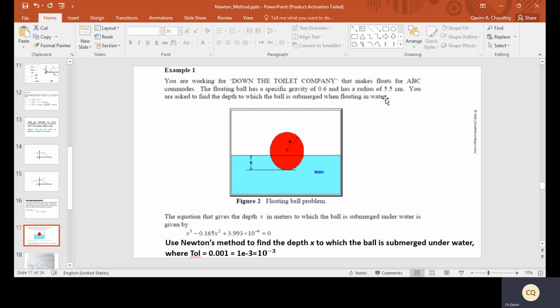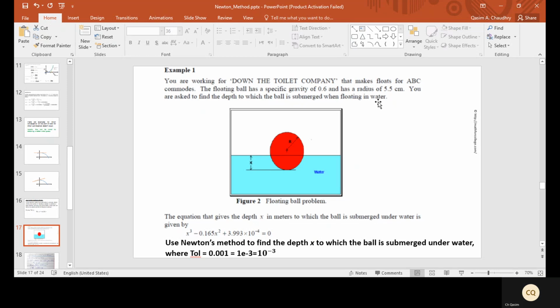That makes floats for ABC commodes. So there is a company and they are working, basically the name of the company is Down the Toilet. And what they do, they make the floats for the commodes.